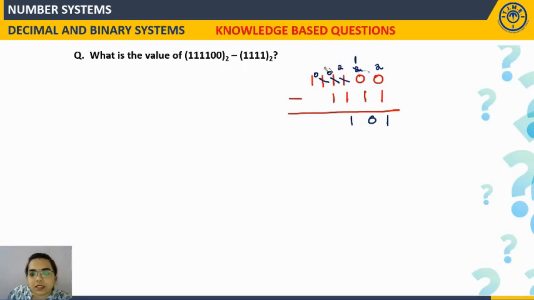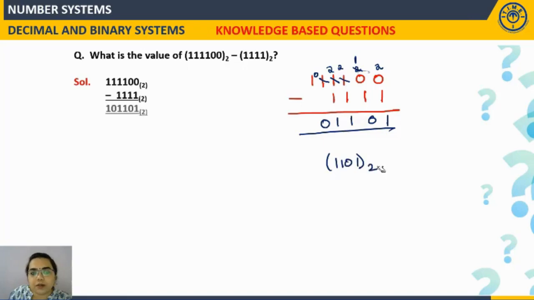Again cancel, 0, you have 1, 10 is nothing but 2, 2 minus 1 is 1. Cancel, 0, sorry, you don't have to perform this now, you have just a 0, so you can leave it as it is. So what is the answer? You will get 1101 to the base 2. That is the answer. I'm sorry, we have a 1 here that needs to be brought down, right? So 101101 in binary is the required answer.